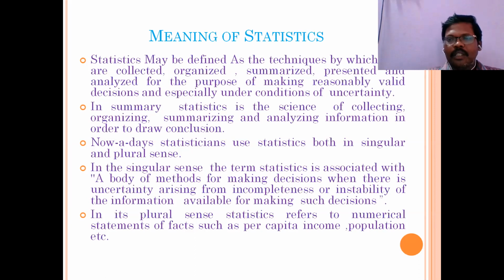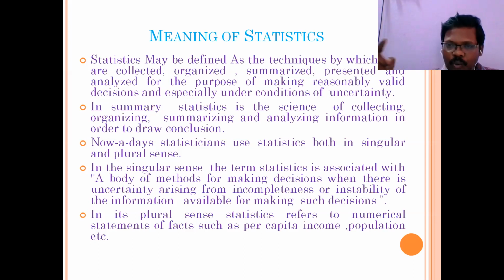For example, if we want to know the average marks of students in the classroom, first of all we have to collect the data, that is, how many marks each and every individual got. Suppose there are 30 students in the classroom, we have to get the data from all 30 students.